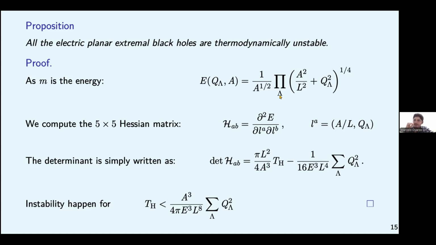But what happens is that the determinant can be written in a simple way in terms of the Hawking temperature. It is this expression here minus essentially the sum of the electric charges squared. So you see that if the temperature is 0, for sure this is negative, and there exists at least one eigenvalue that is negative. So this proves this statement.